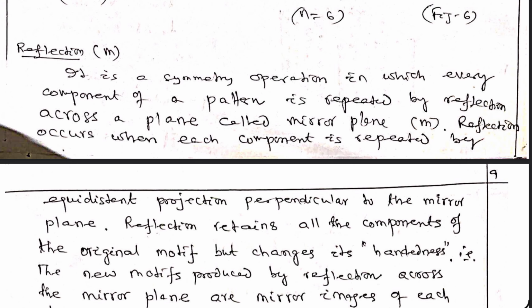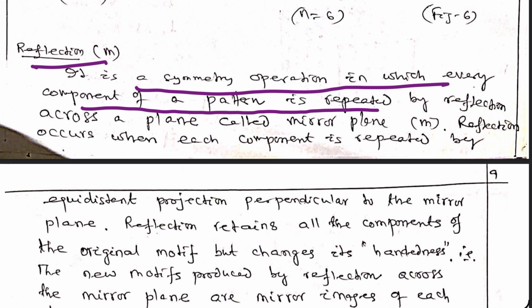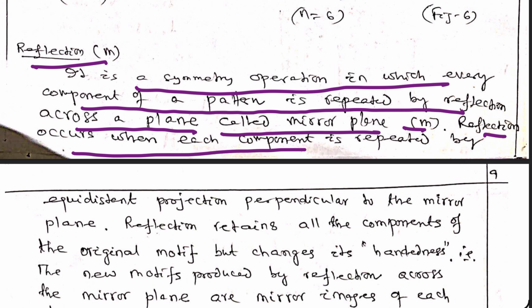In case of reflection, it is a symmetry operation in which every component of a pattern is repeated by reflection across a plane called mirror plane or M. Reflection occurs when each component is repeated by equidistant projection perpendicular to the mirror plane.